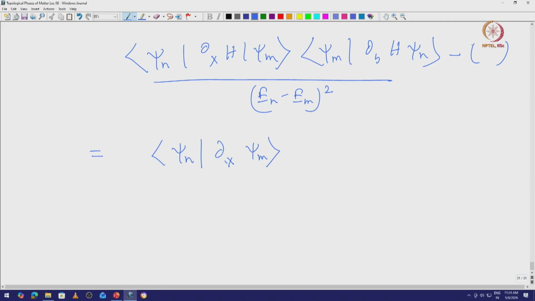Rather I can even do it this way, both are equivalent because of hermiticity.